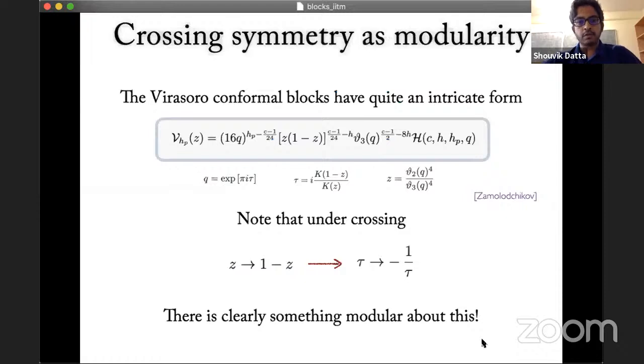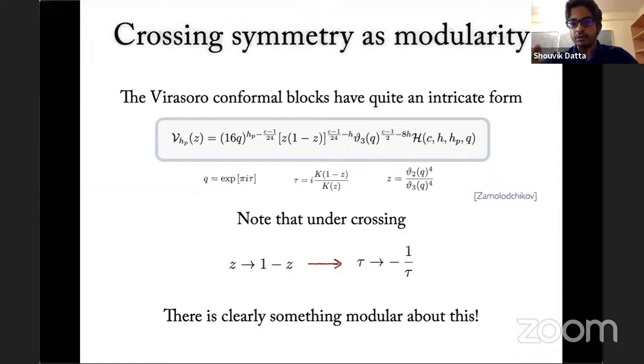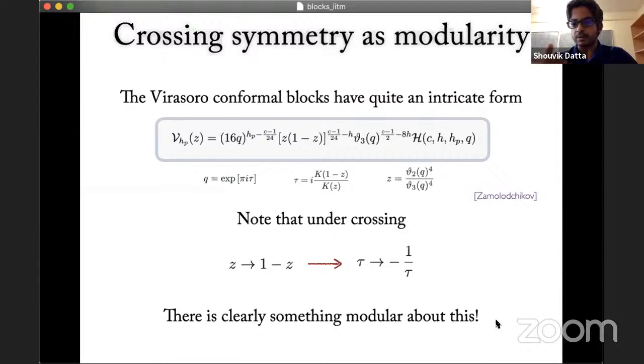Okay, and the Virasoro conformal blocks have quite an intricate form. They can be expressed in terms of the q variable. So there is the structure which is there. There are these 3 factors over here. This is completely known in terms of known functions, but there is this part over here which is not known in closed form and can only be determined recursively.